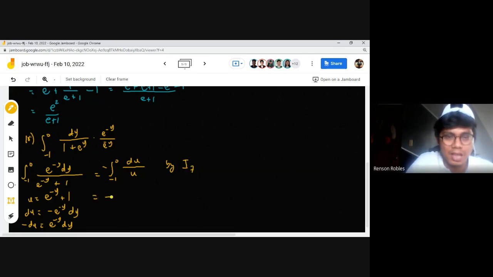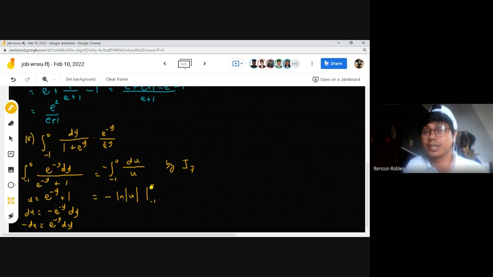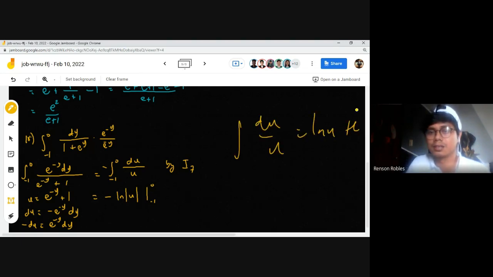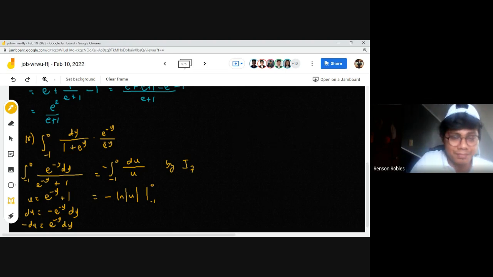So that would be negative ln of u and then evaluated from negative 1 to 0. I7, integral of du over u is ln of u plus c. Then you now have negative ln of u, where u is e to the negative y plus 1, evaluated from negative 1 to 0.